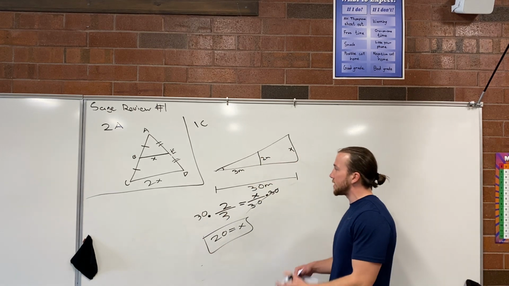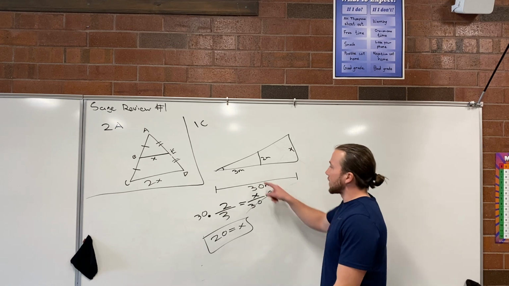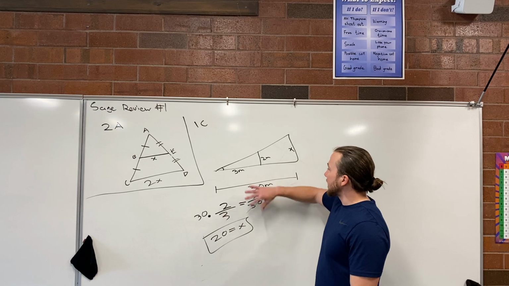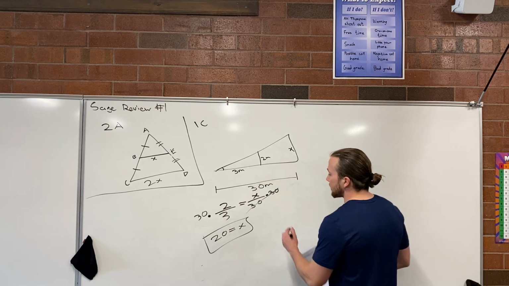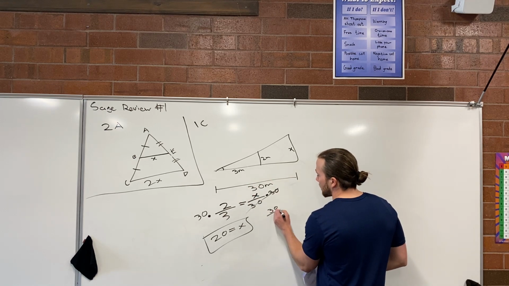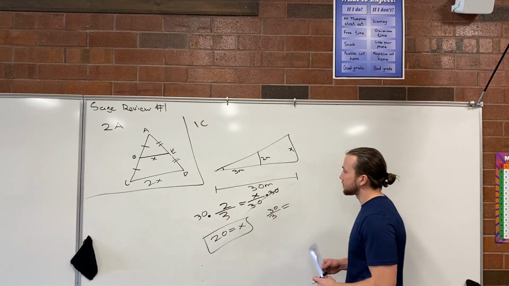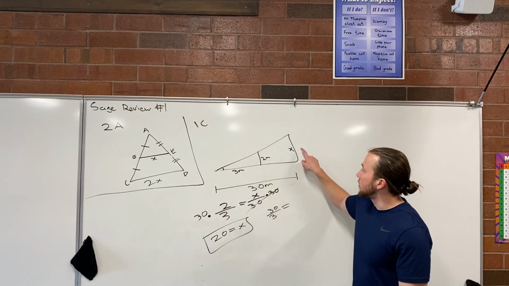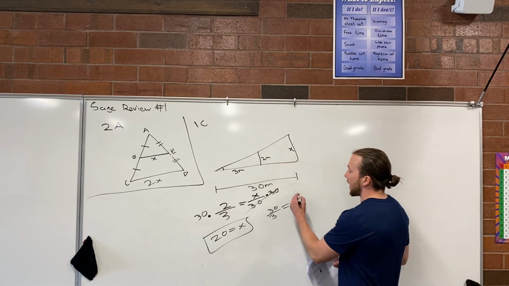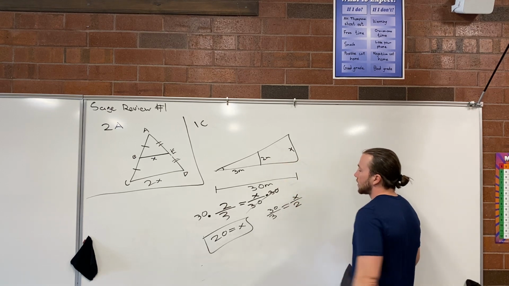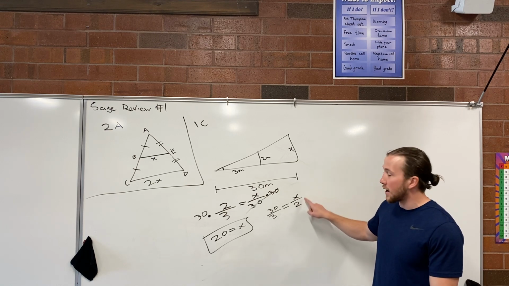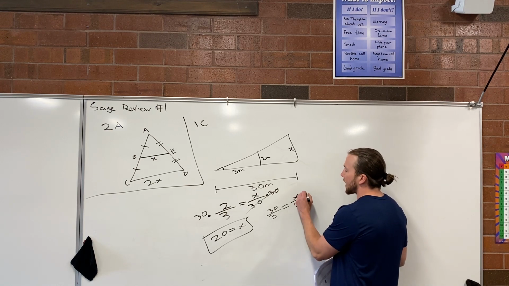So now if I were to set it up a different way, like I just told you guys, let's say I decided I was going to go 3 divided by 30. Let's actually flip it though. Let's go 30 divided by 3 equals x divided by 2, so we did big segment divided by small segment. Okay, so again, we want x by itself, so I'm going to multiply by 2 on both sides.